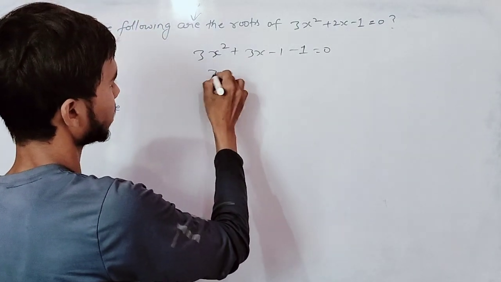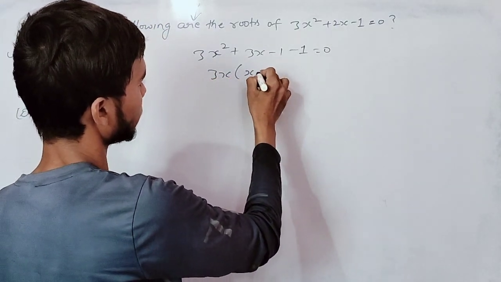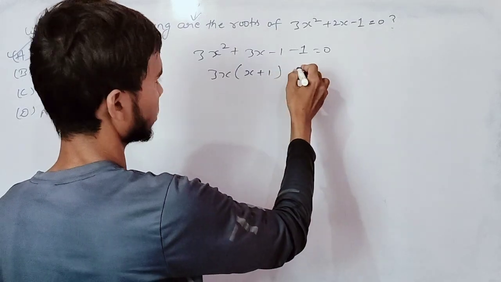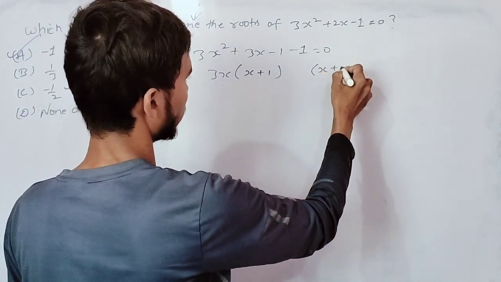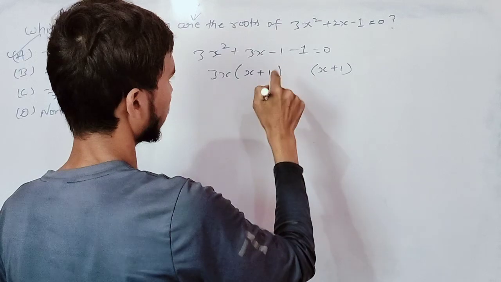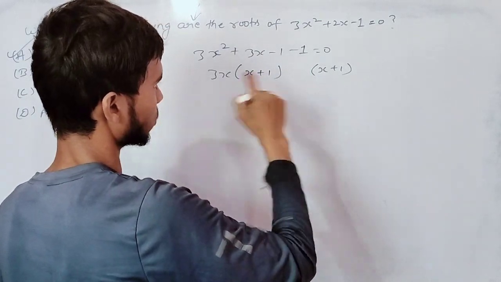Now we can take 3 as common, so x minus 1, x plus 1.